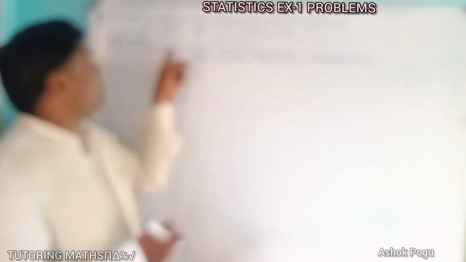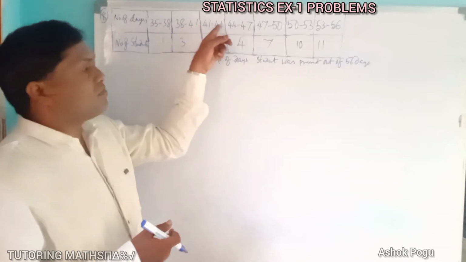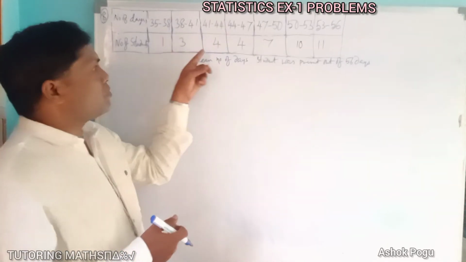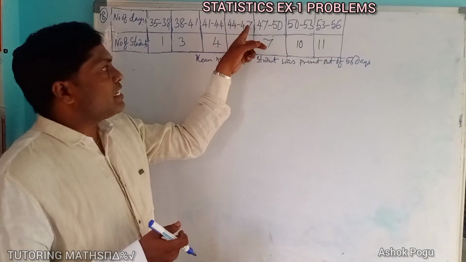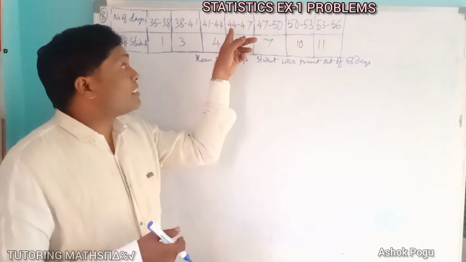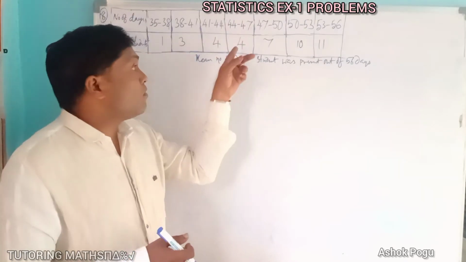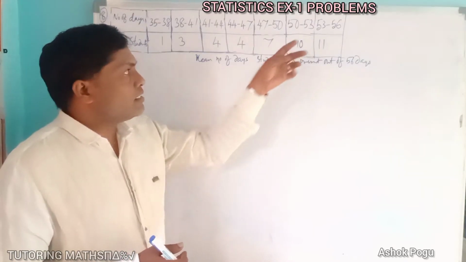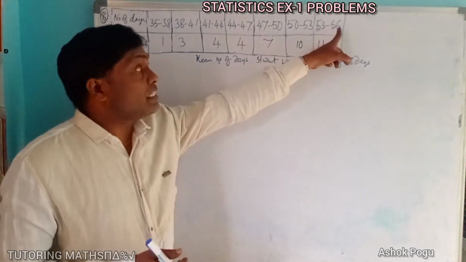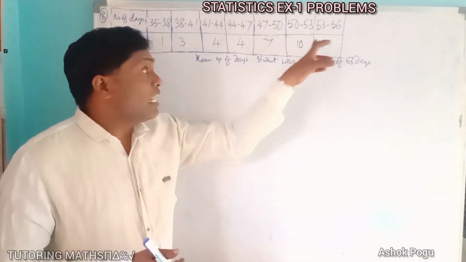This is the number of students and this is the number of days present. For 44 to 47 days, how many students were present? 4 students got that attendance. Like that, up to 53 to 56 days present, 11 students.